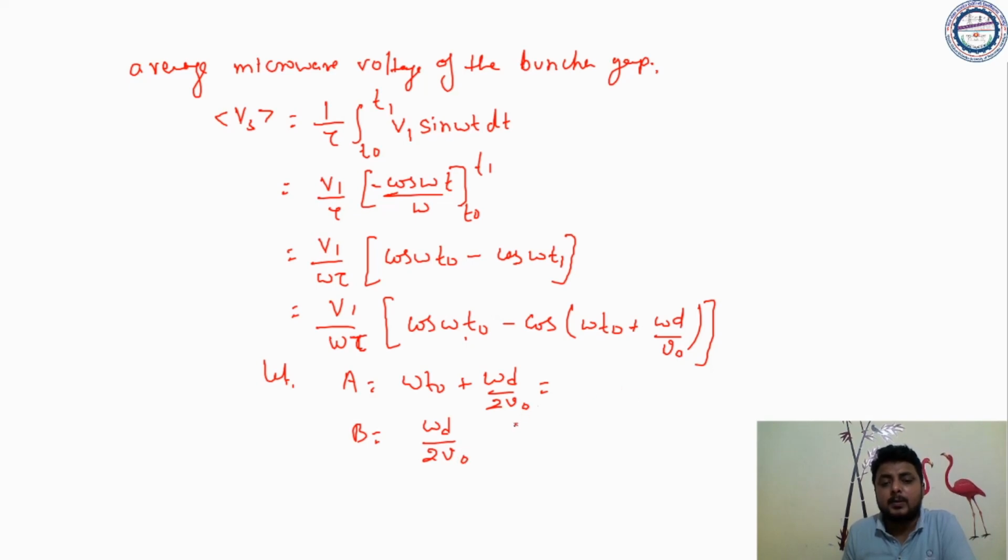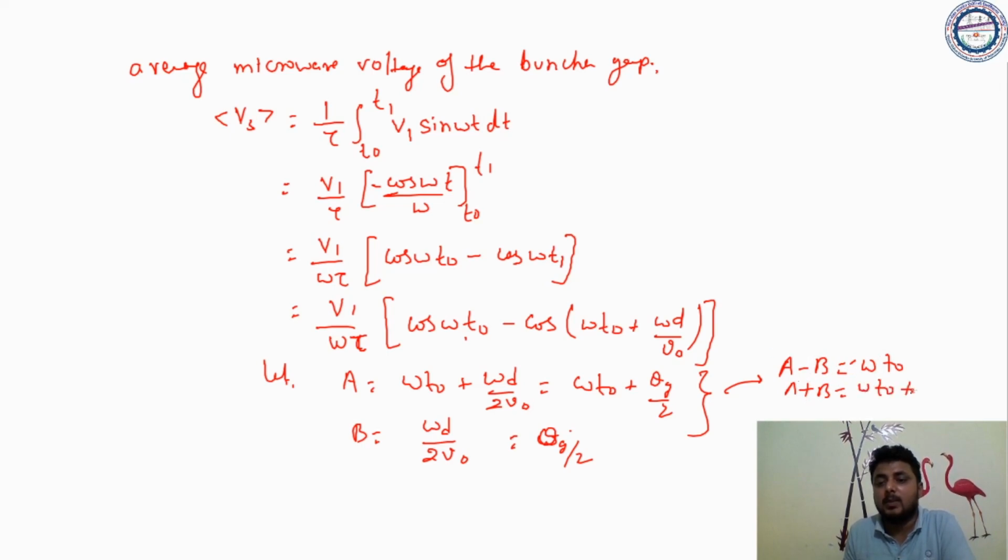So this can also be written as omega t0 plus theta g by 2, and B is theta g by 2. If you take A minus B, A minus B will be omega t0, and A plus B will be omega t0 plus omega d by v0.